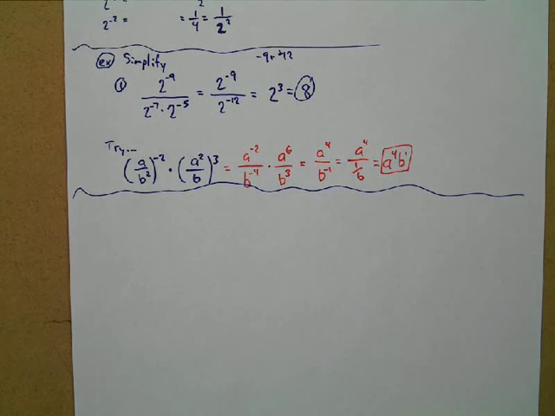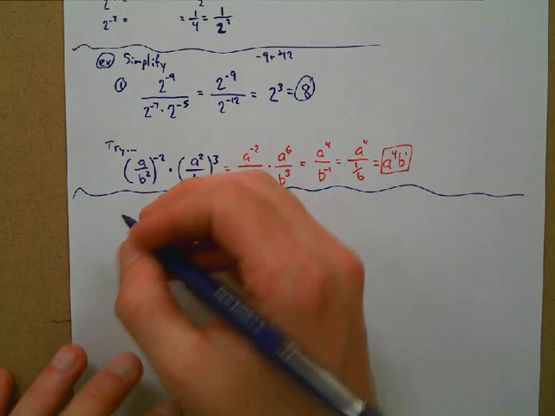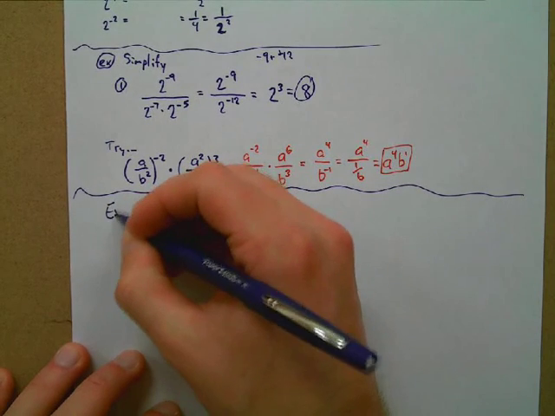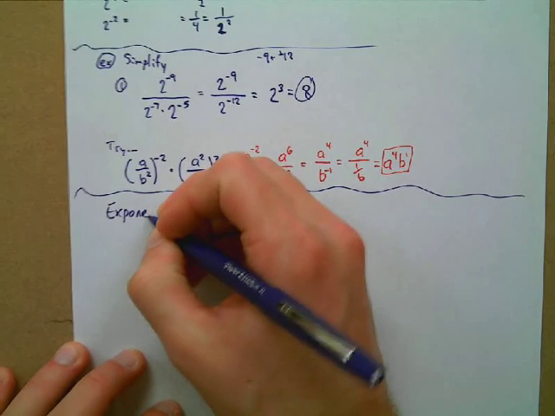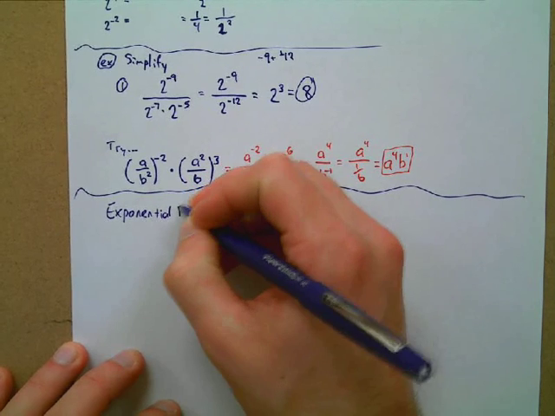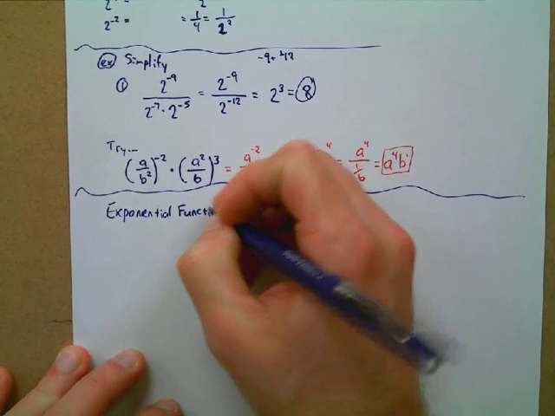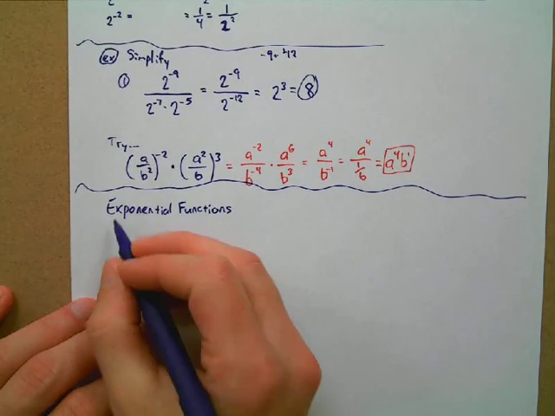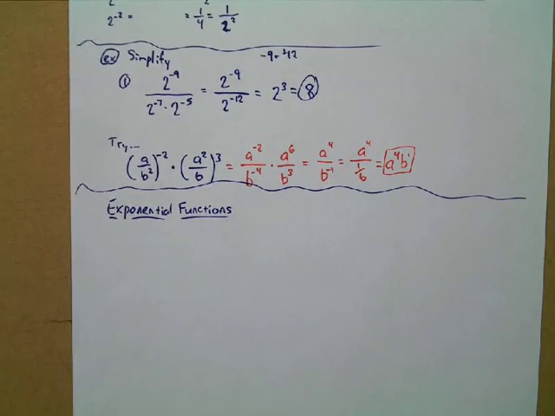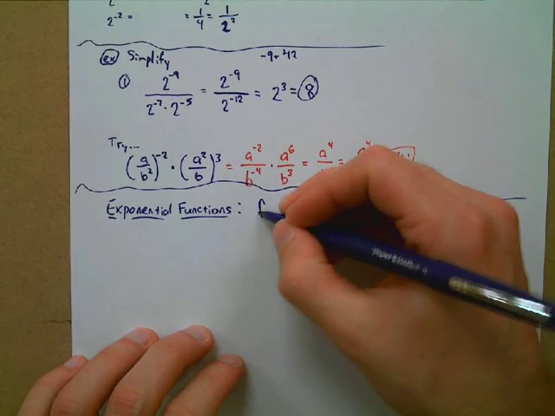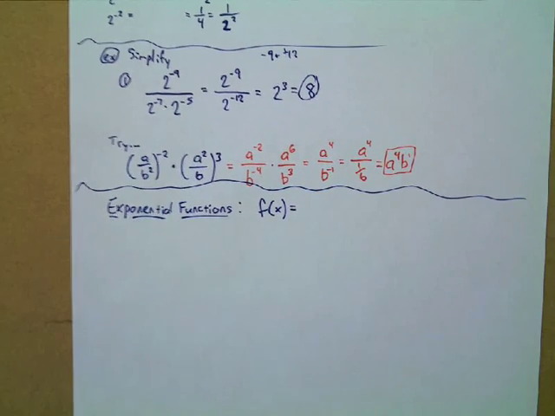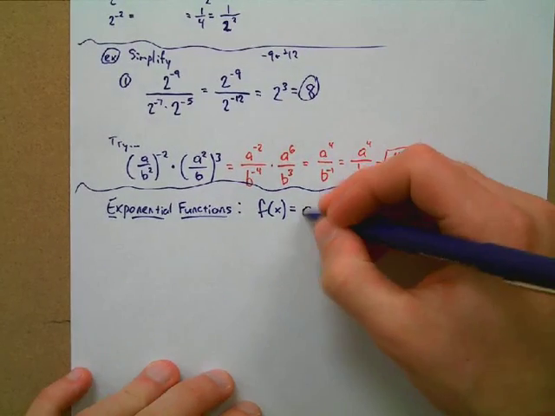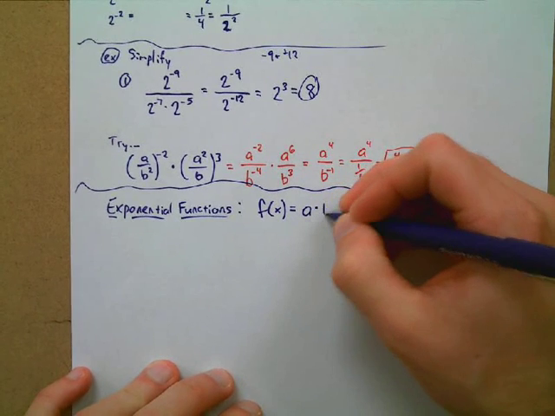An exponential function is a function, we'll call it f of x here, that can be written in the form a times b to the x. An exponential function has the variable x, or independent variable x, in the exponent here.